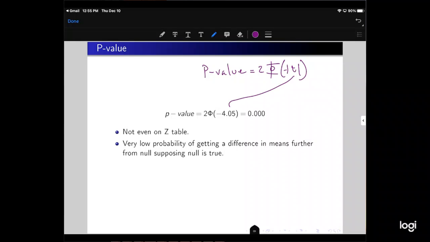So we plug that into here, go look it up on the z-table, multiply by 2. Turns out negative 4.05 isn't even on a z-table. It's so far off. So we're extremely confident. So this is essentially saying we're 99.999% confident. There's a very low probability of getting a difference in means further from the null, supposing the null is true, if we drew another sample of classes and estimated the difference in test scores.